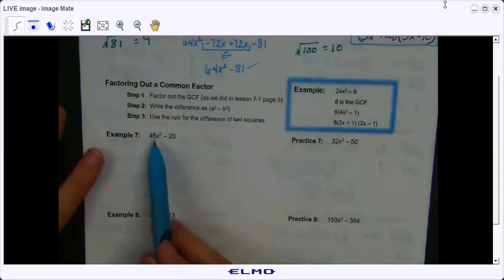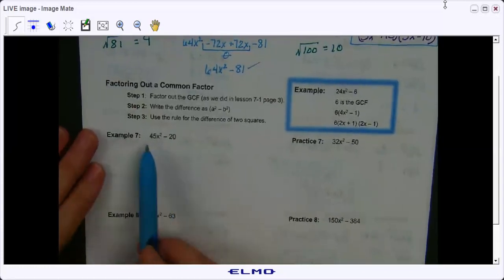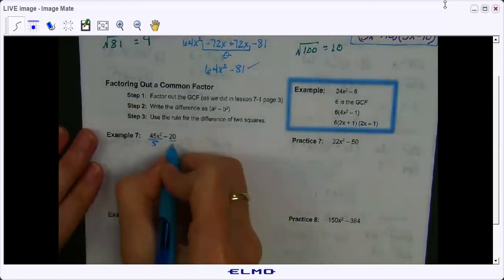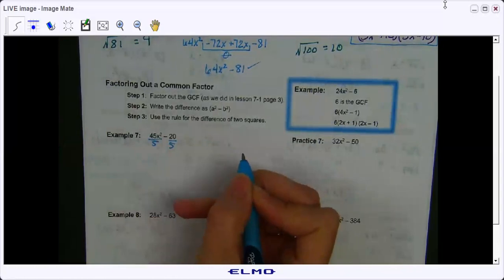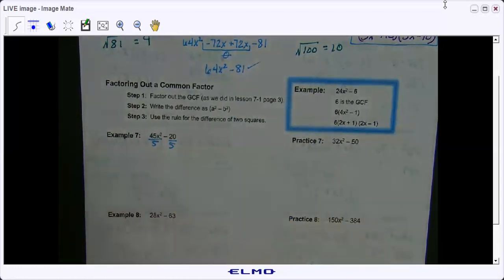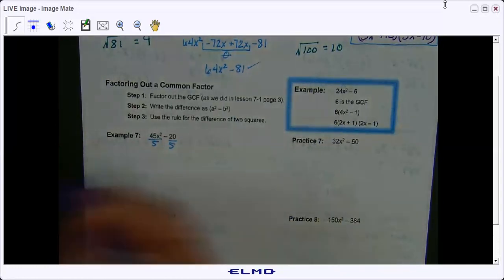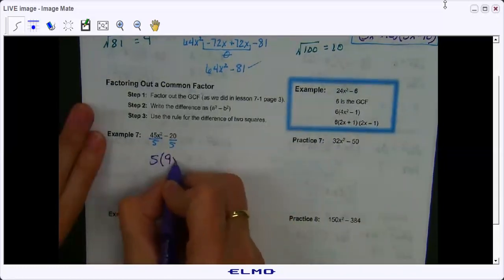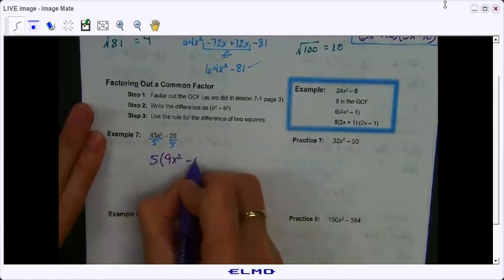We need to figure out what the greatest common factor is between 45x squared and 20. Well, I know that it's 5, so I'm going to divide both of these by 5. And I will rewrite my problem as 5 times 9x squared minus 4.